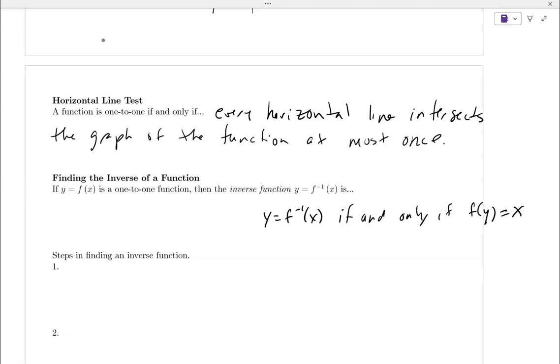Notice what happens. The y is what went into the original function. The x came out. It's been flipped here, right? So inverses interchange your x's and your y's, right? You're used to plugging an x in, you get a y out. We're trying to reverse the process. We have what the output was. What was the input? Okay, that's the idea here.